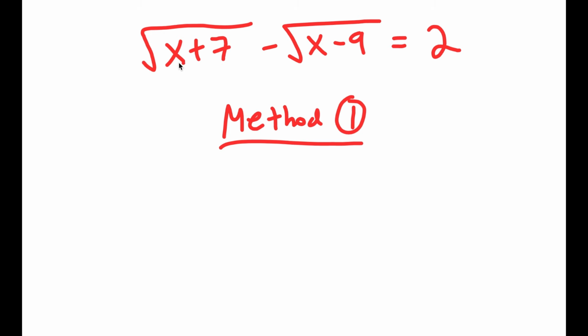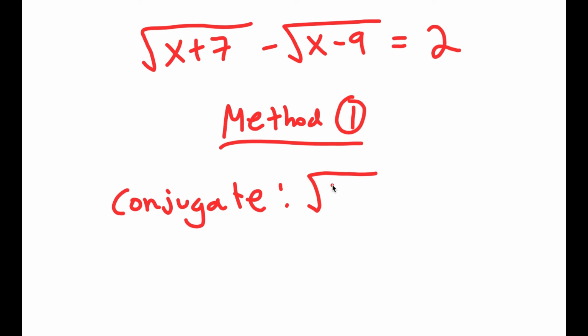First, the conjugate of the square root of x plus 7 minus the square root of x minus 9. So the conjugate of that is the square root of x plus 7 plus the square root of x minus 9.